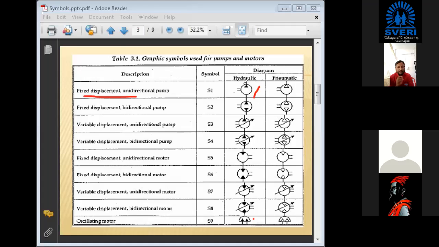Unidirection means this direction. This is a pump, correct? So this is a fixed displacement unidirectional pump.